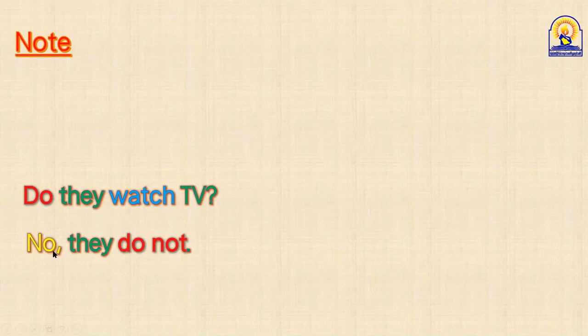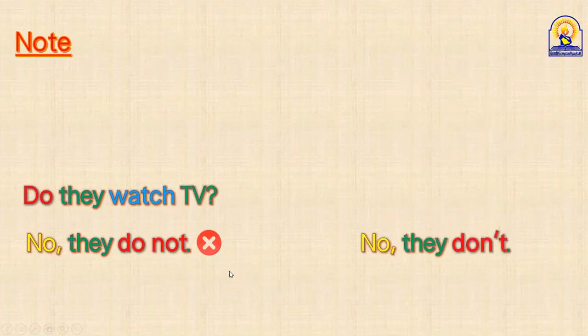So it's okay to say no, they do not, right? Hello, Rashid. Can I say no, they do not? Not okay. You are right, Rashid. In a short answer, if you say no, they do not, it's not correct. If you say no, they don't, it's correct, as Rashid said.